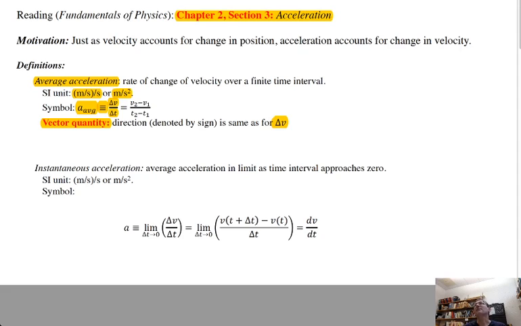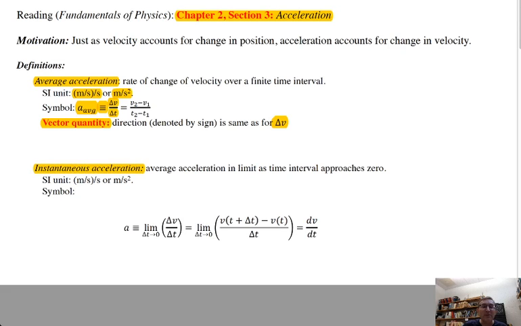Now, as you might imagine, there could be situations where you want to know the rate at which a particle's velocity is changing, not over a finite time interval delta t, but at an instant. Then you want what's called the instantaneous acceleration of the particle.